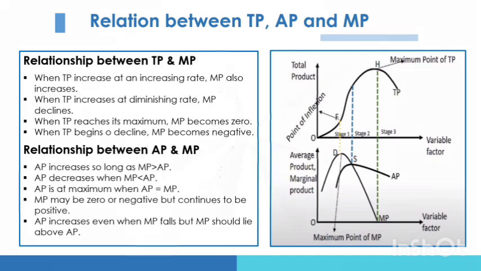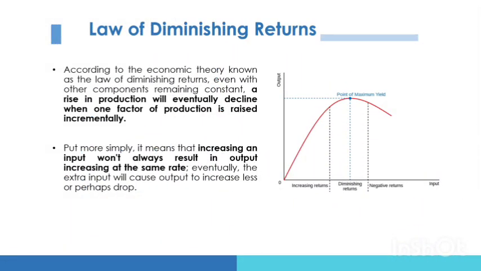Here is the law of diminishing returns. The law of diminishing returns says that when you add more of one input, like labor, to a fixed amount of other inputs like land and capital, the additional output produced from each new unit of input will eventually decrease.